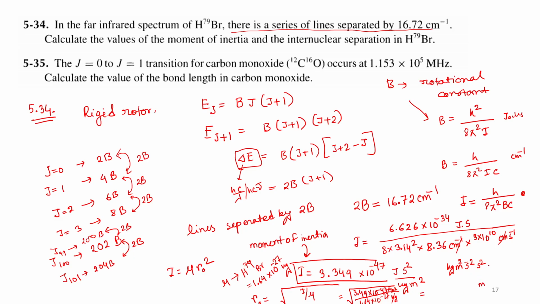That would be 10 to the power minus 20, root over 3.19 divided by 1.64, which is 1.45 angstrom or 145 picometer, something like that.